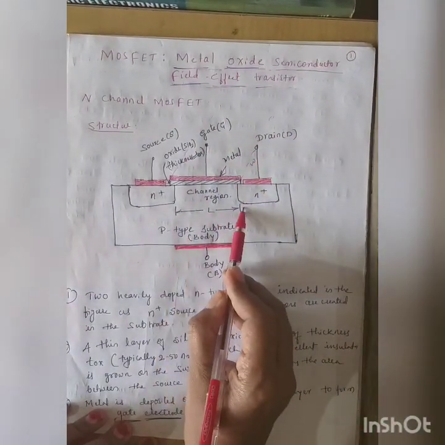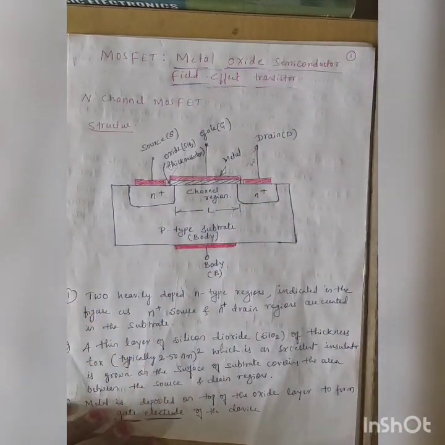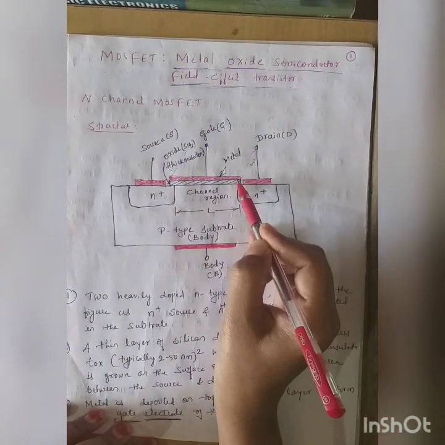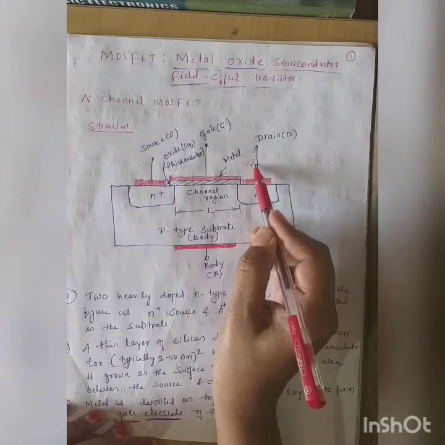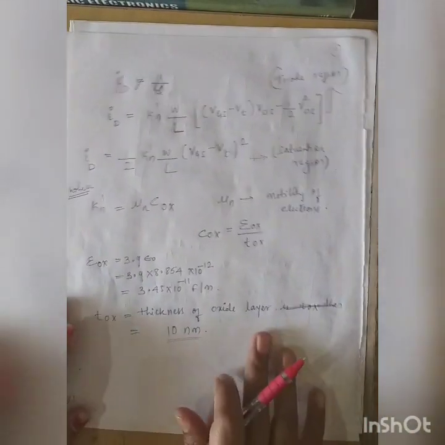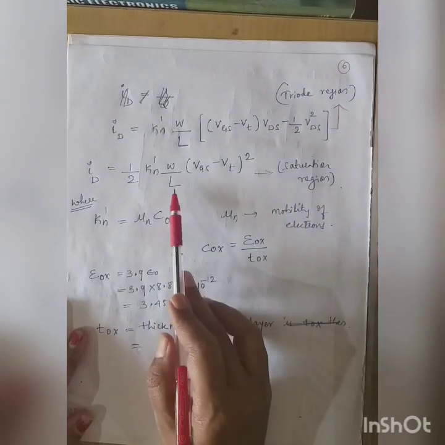This represents L. If you see the top view, there is some width for this channel, this oxide material here, and that is denoted by W. So that is what is given in this equation. So this is the width and the length.